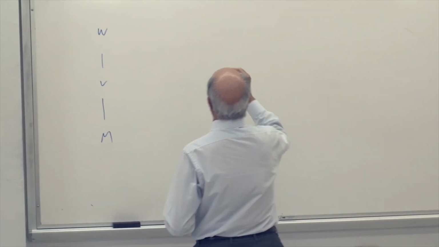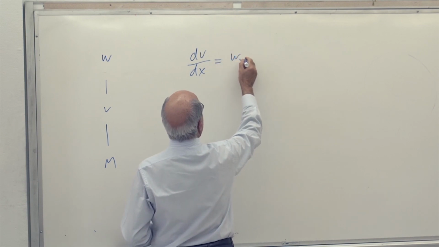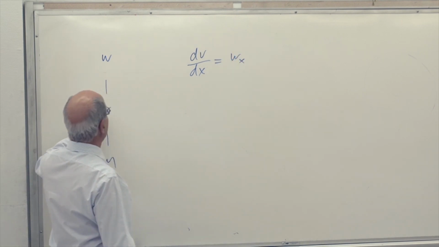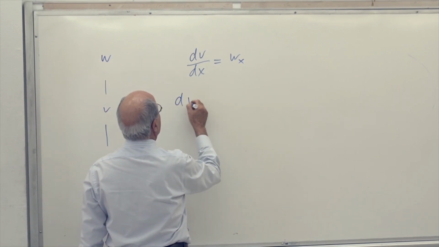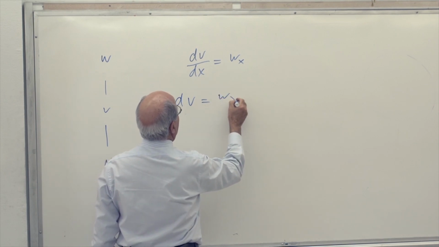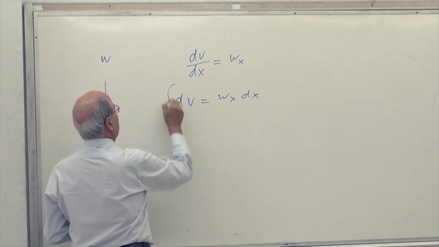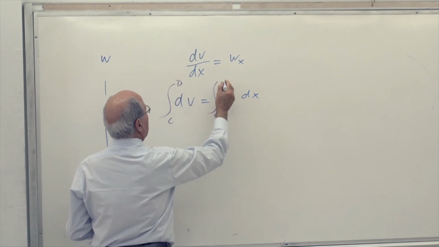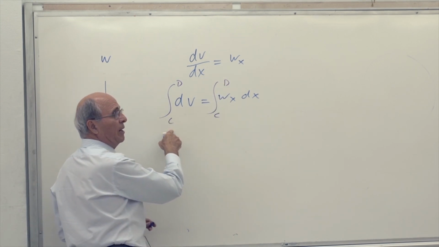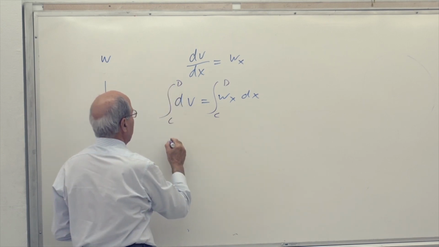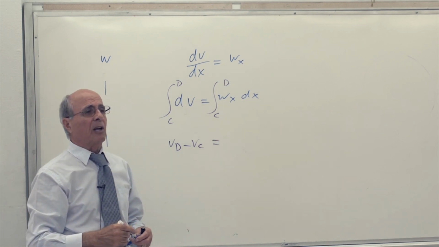Now, this is what we are going to do. Since the derivative of shear with respect to x is w of x, is that correct or not? That's what we are using there. Therefore, this can be written in this format: dV equals w(x) dx. Then I integrate that between two consecutive points, which we call C to D. The integral of dV becomes shear, evaluated between C and D, so we write V_D minus V_C equals the integral of w(x) dx.